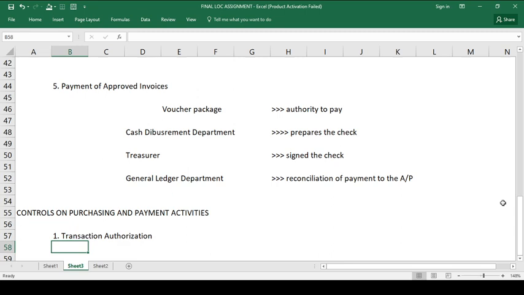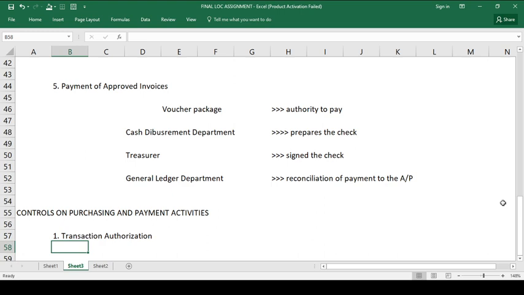Okay, before a purchasing and payment is made, dapat the transaction per purchase is authorized. Without the authorization of that purchase and payment, ibig sabihin that activity is illegitimate. So we need that particular control. Take note in big companies now, before a purchase order is made, it is required that there is a purchase requisition form, and the purchase requisition form is signed by authorized personnel.